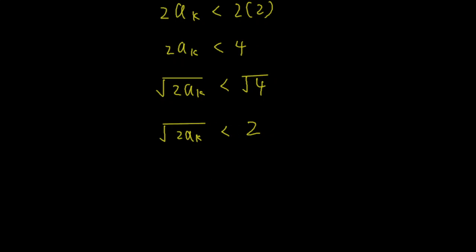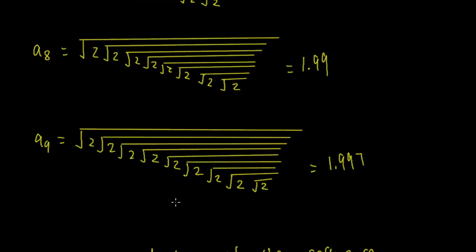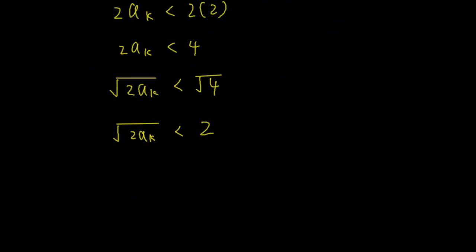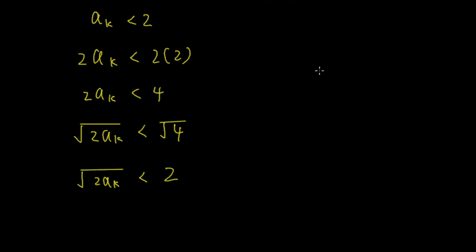From the general term of the sequence, the subscript on the left side is always one higher than the subscript on the right side. So we can say that square root of 2 times a sub k is just equal to a sub k plus 1.